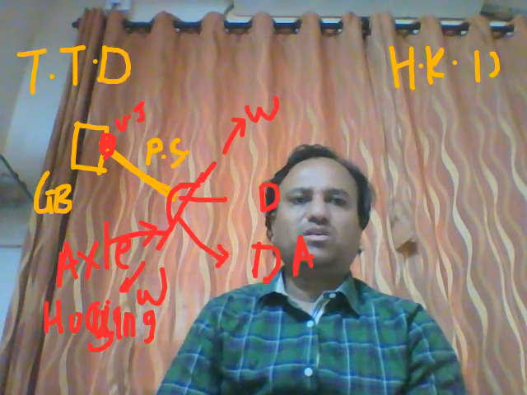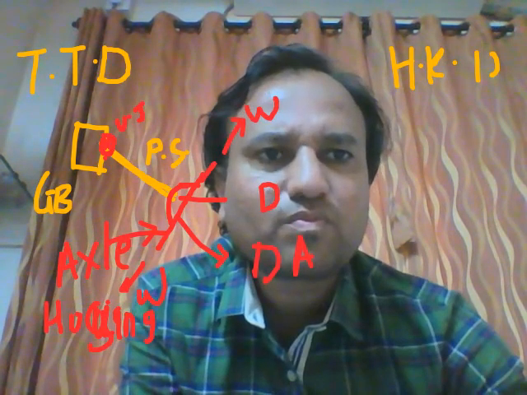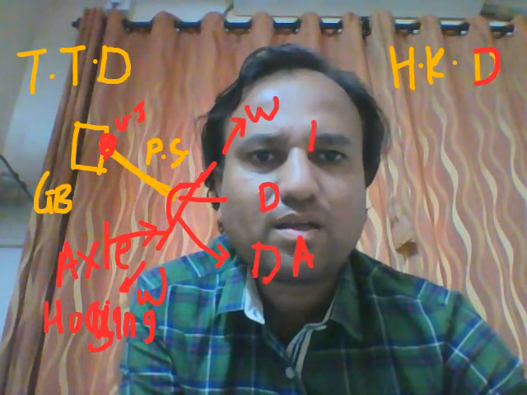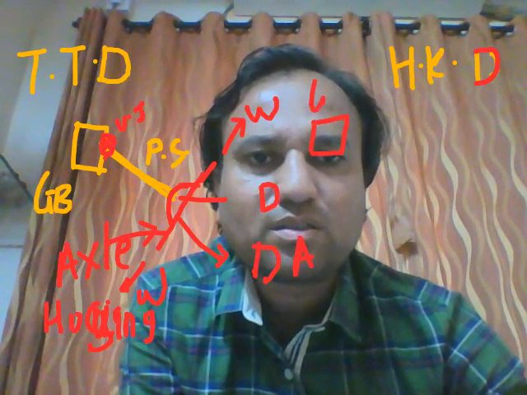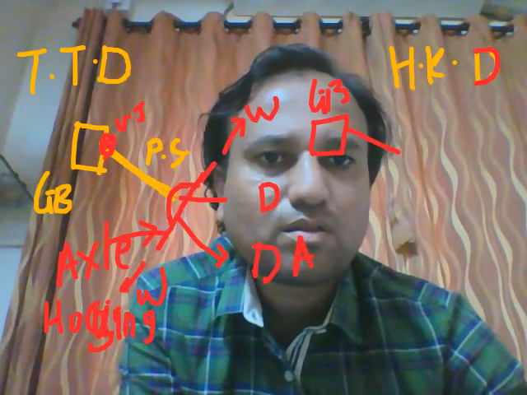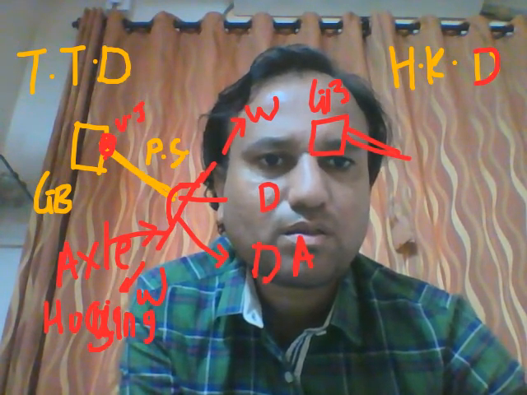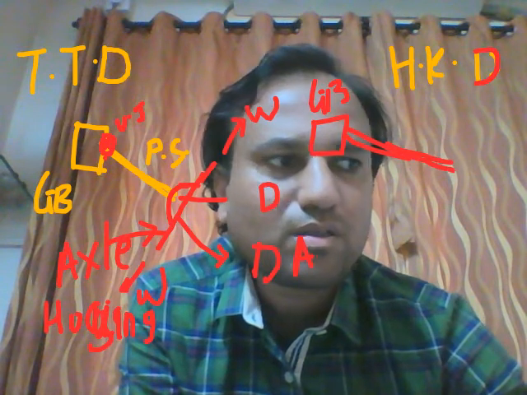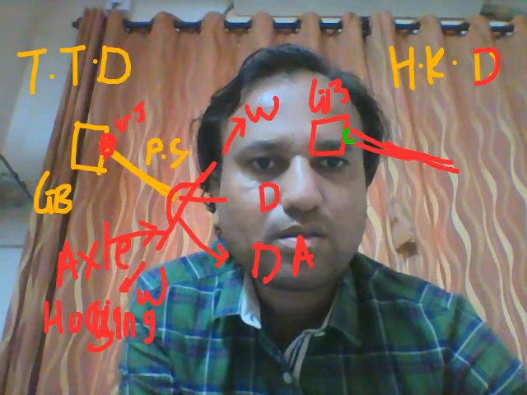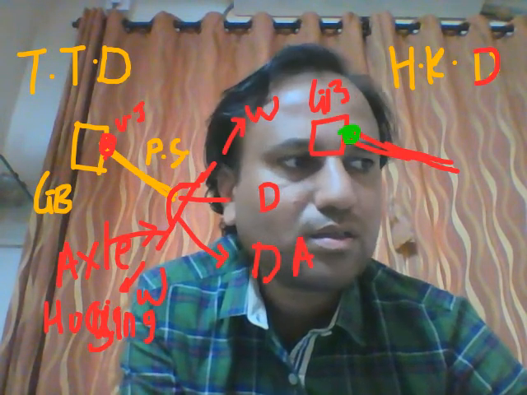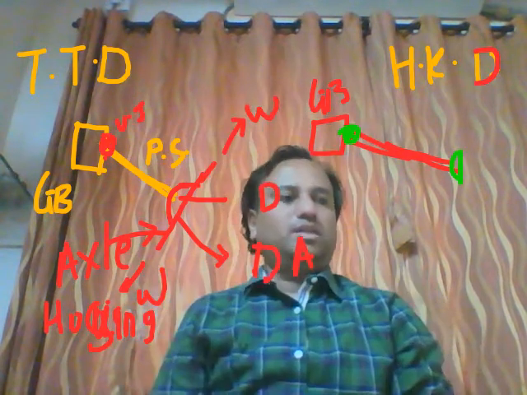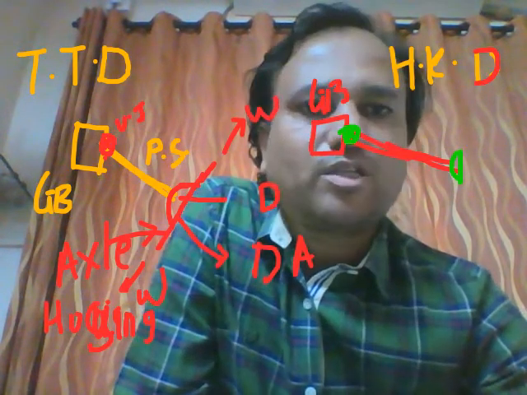Now in Hotchkiss drive, let this be the gearbox, and the propeller shaft. Same universal joint. So again, here is the universal joint, and there will be a slip joint.